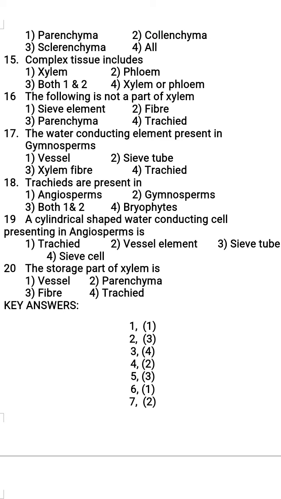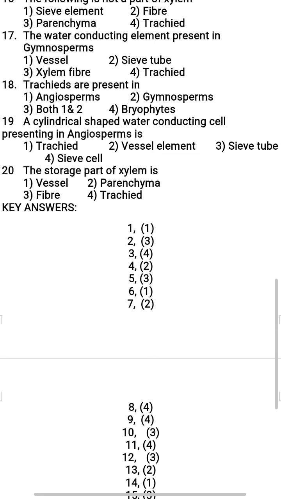Let's see the options. Option 1, vessel. Option 2, sieve tube. Option 3, xylem fibers. Option 4, trachea. So what could be the answer? The correct answer for this question is option 4, trachea. A very important one. Recently they asked it in the NEET examination.